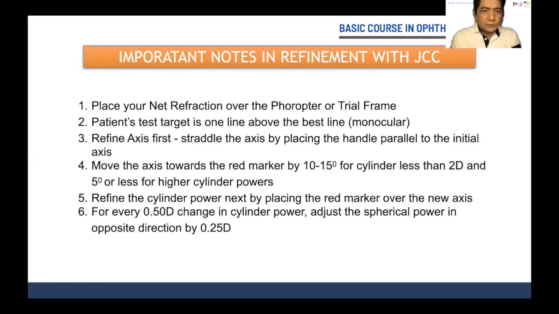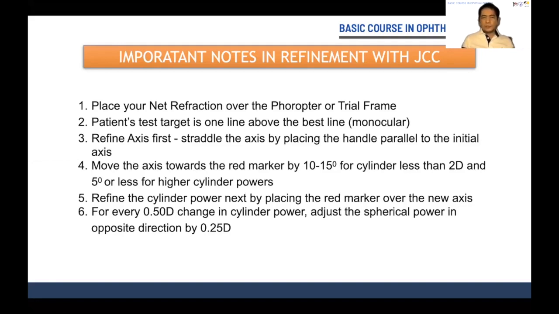There are important notes in refinement with JCC. Number one, place your net refraction over the phoropter or trial frame. Number two, the patient's test target is one line above the best line. Number three, refine axis first. Straddle the axis by placing the handle parallel to the initial axis.